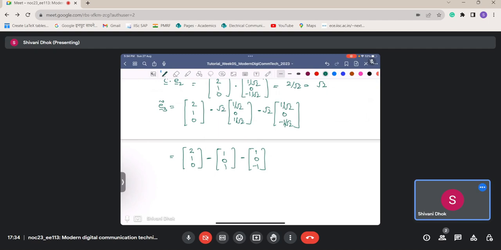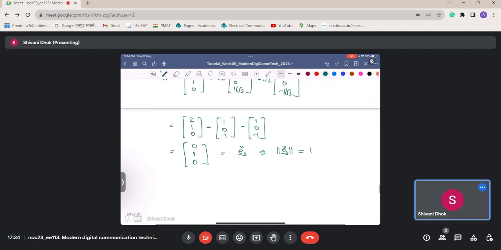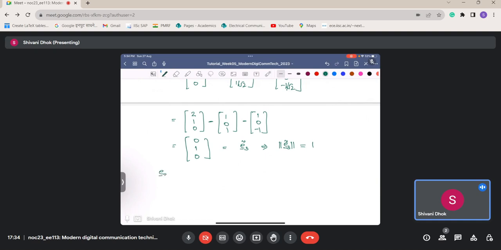So this comes out to be 2 minus 1 minus 1, which is 0, 1 minus 0 minus 0, so this is 1, and 0 minus 1 plus 1, again it is 0. So this is e3 tilde, and the norm of e3 tilde is simply equal to 1. Therefore, e3 hat is (0, 1, 0).